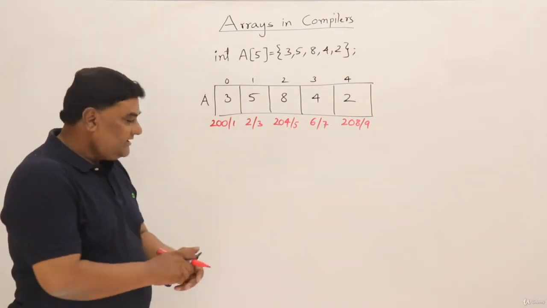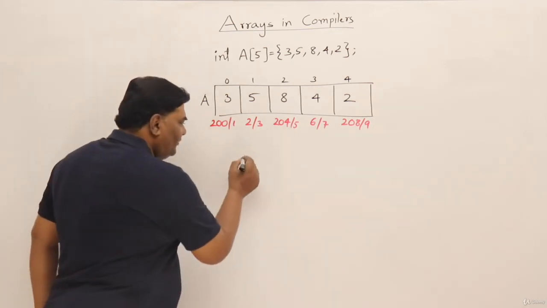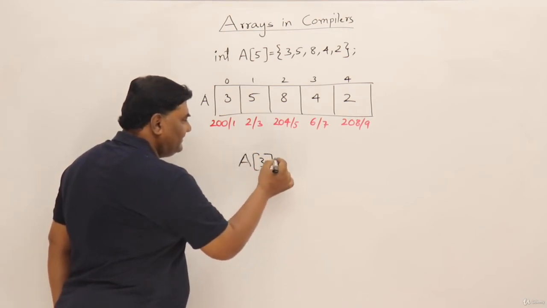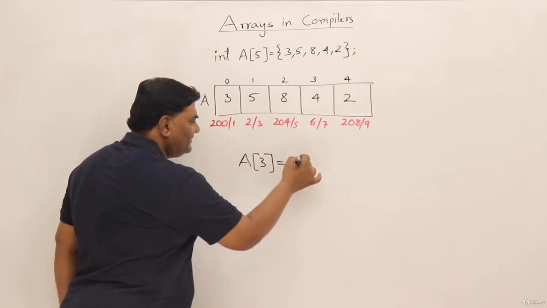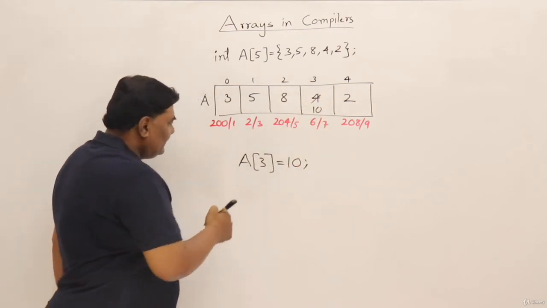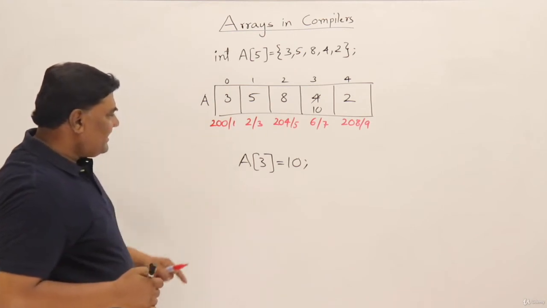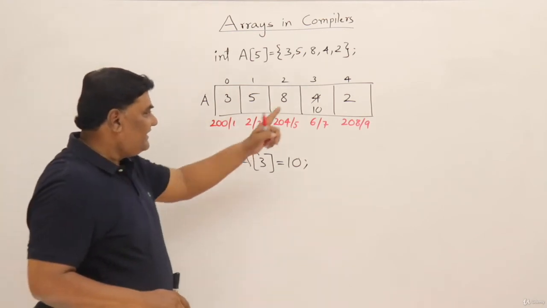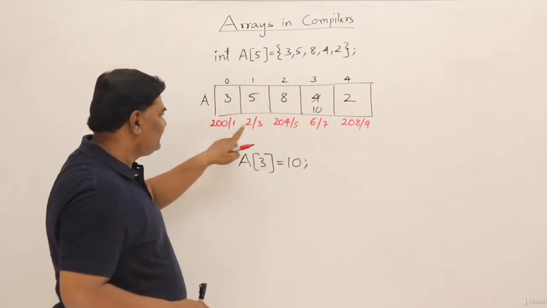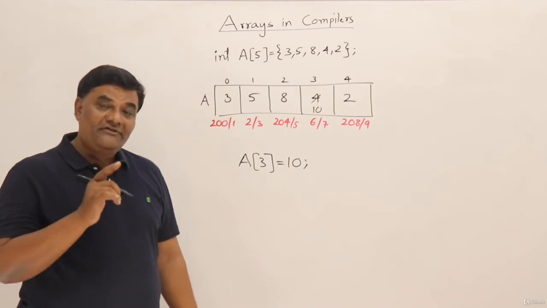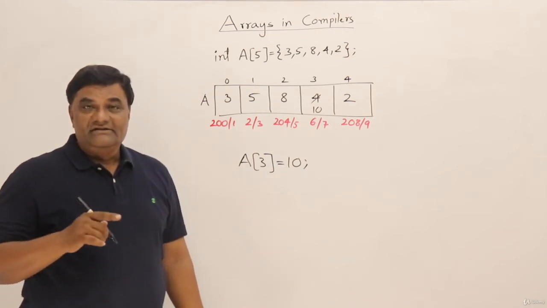Now in my program, if I have written that I want to access a of 3 and store the value 10 there, then this statement has to be converted into machine code which refers to this address, that is 206. So the compiler has to refer to that location, that is 206.